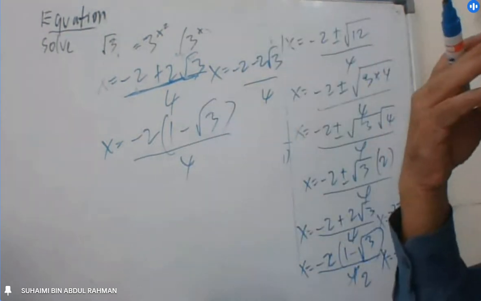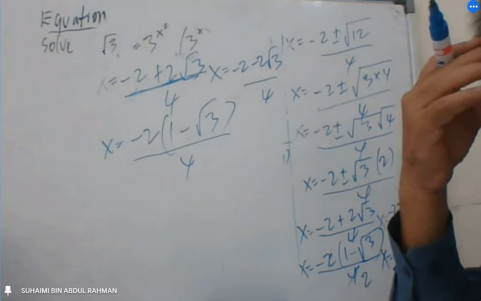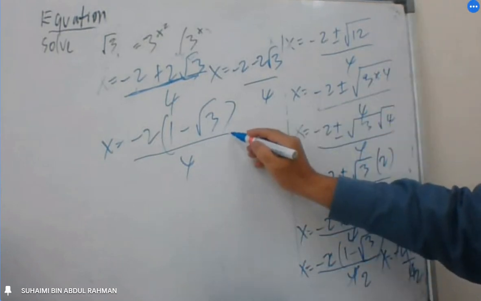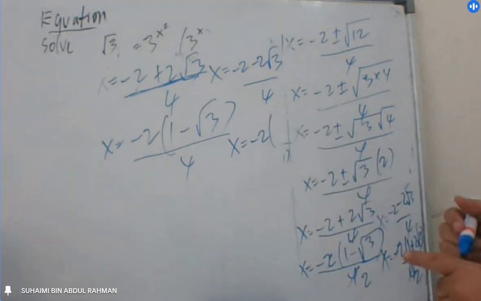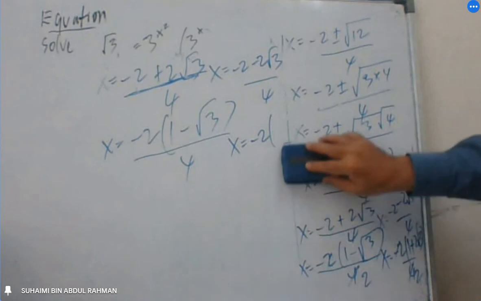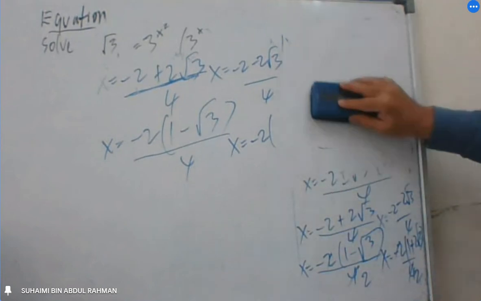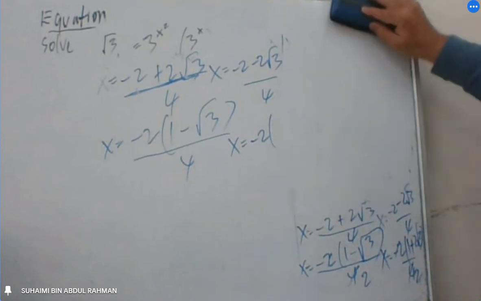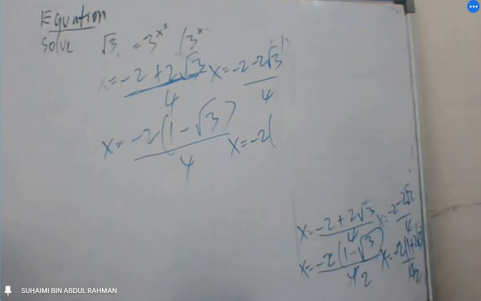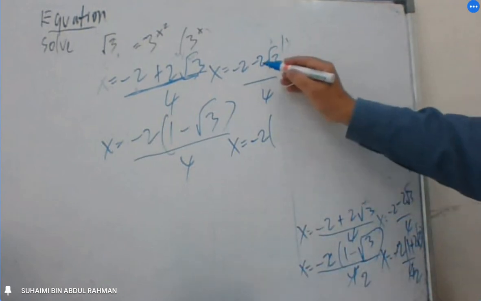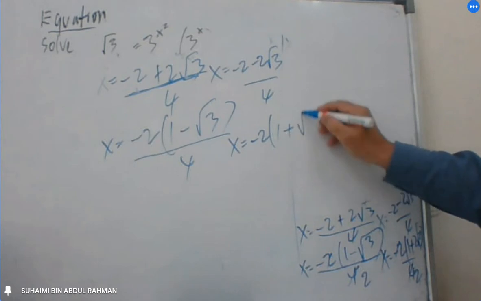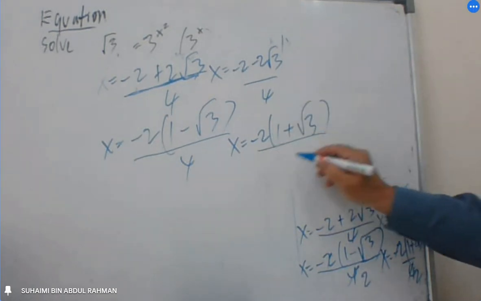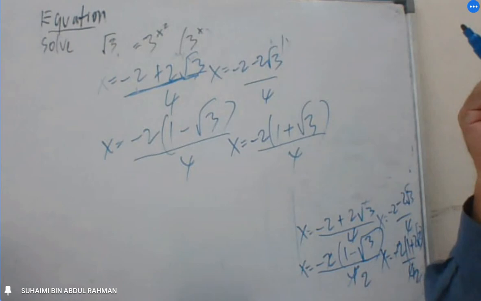On the other side, x is minus 2 as a common factor, and to produce minus 2 square root of 3, plus square root of 3 over 4.